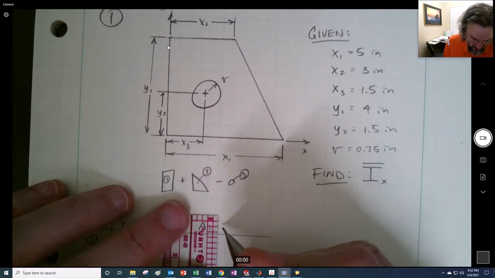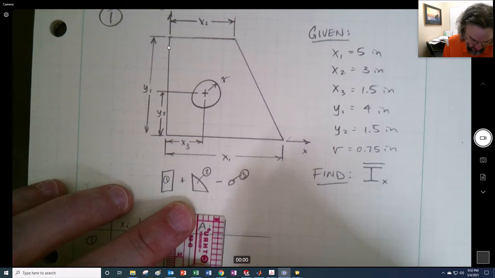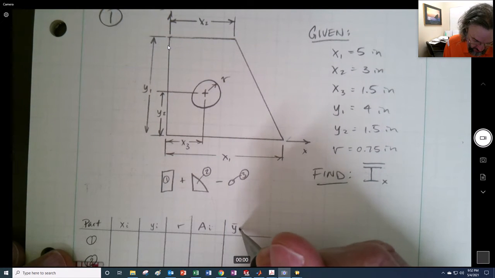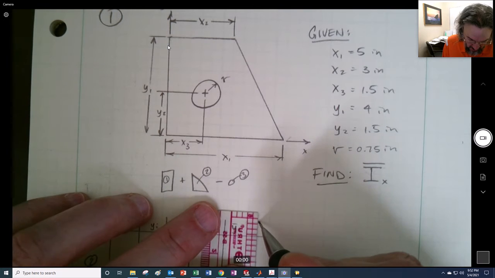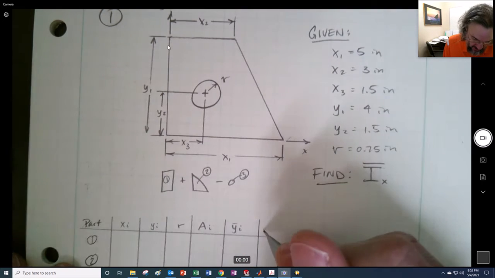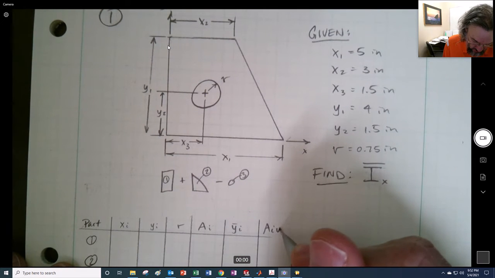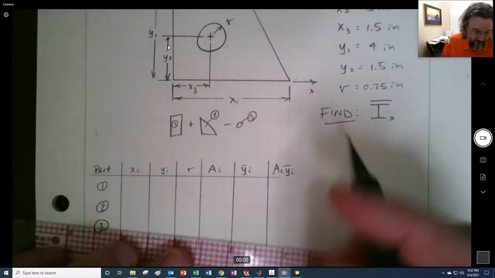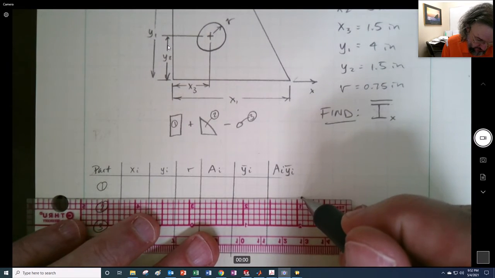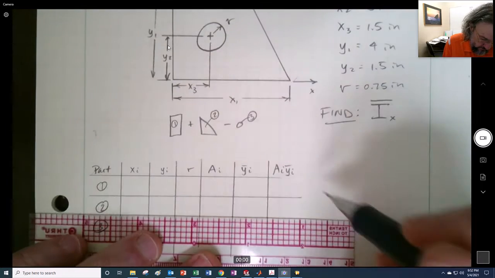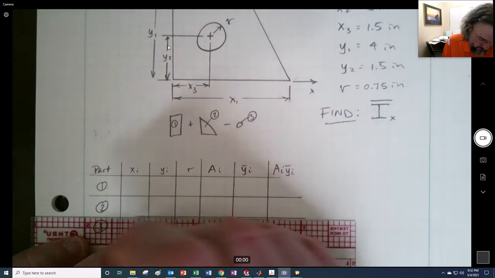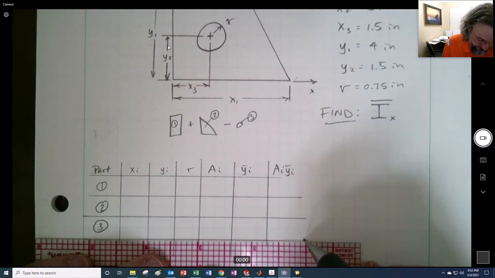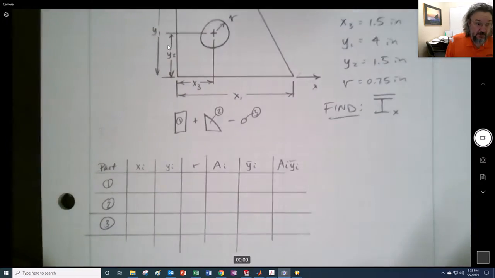And then we will need only the y bar of each A, and then we will need the A times y bar. Okay, we might be able to fit all of this into one table if we're really, really careful. I can make it pretty small though. Let's see if it fits.